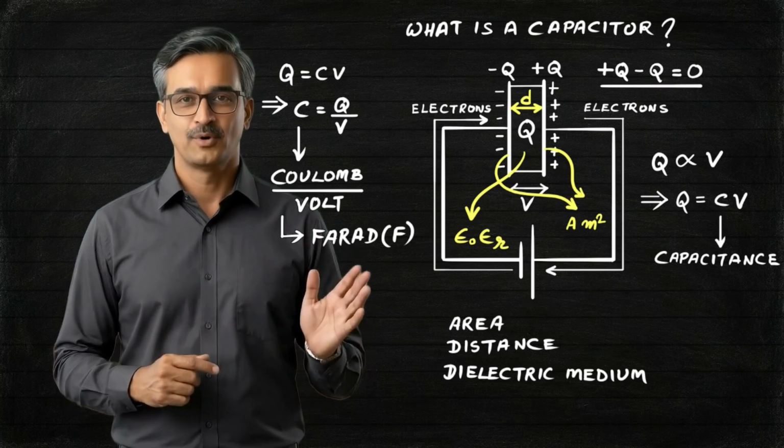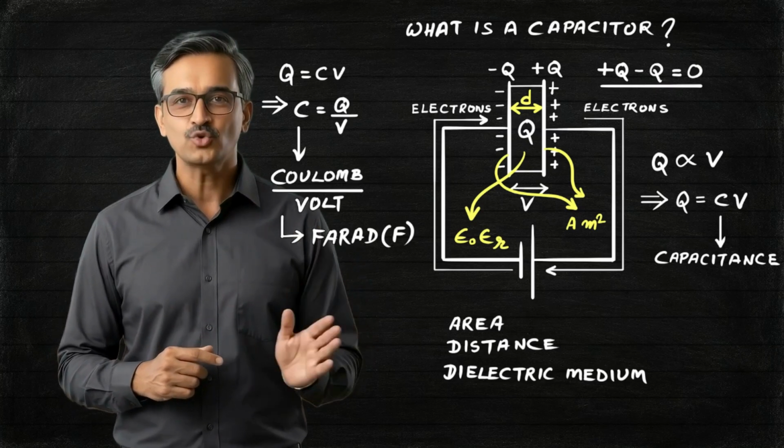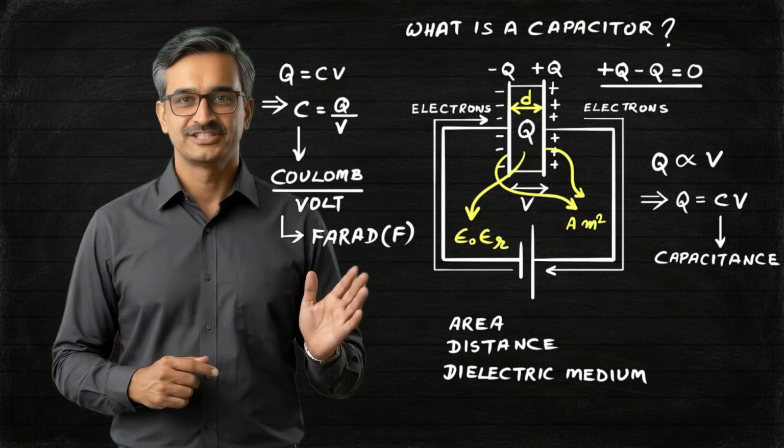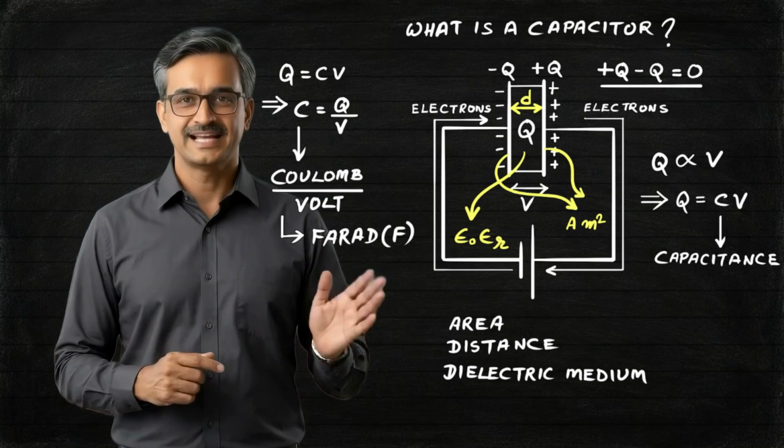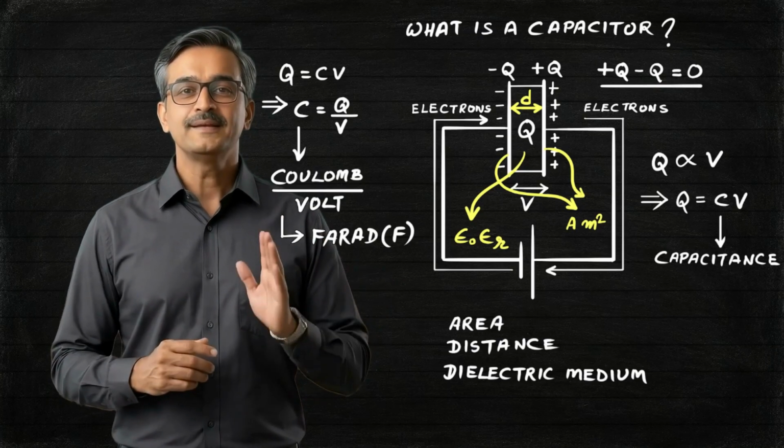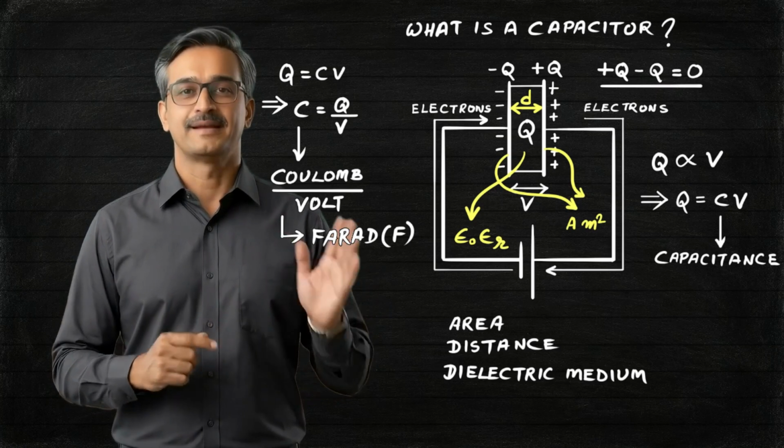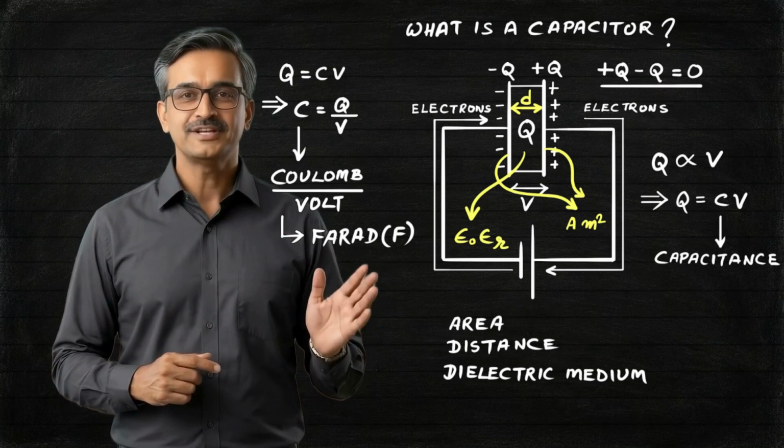As before, the positive plate carries a charge of plus Q coulombs, since it's connected to the positive terminal of the battery, and the negative plate carries minus Q coulombs, connected to the negative terminal. The battery itself supplies a voltage of V volts.